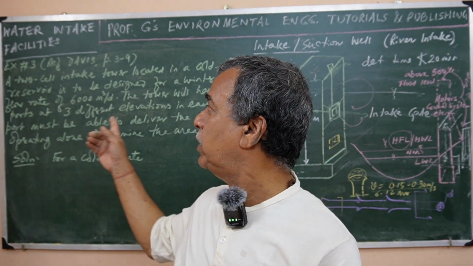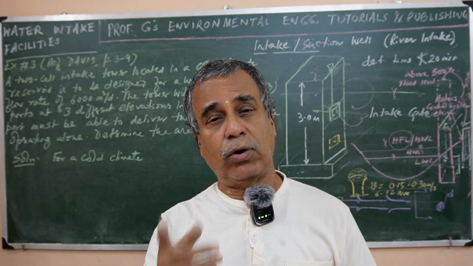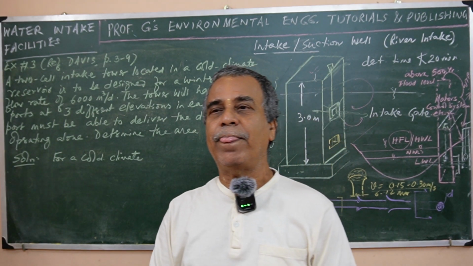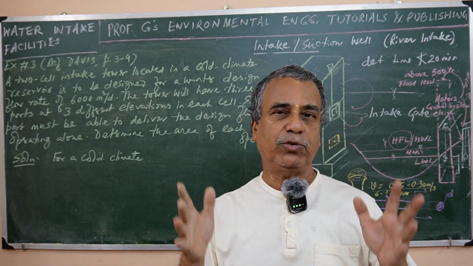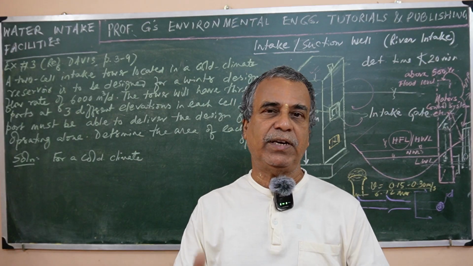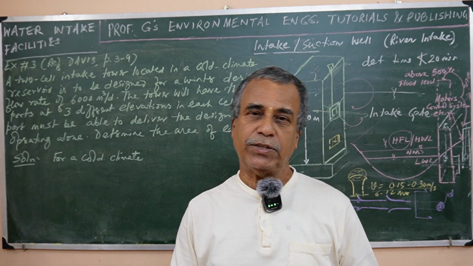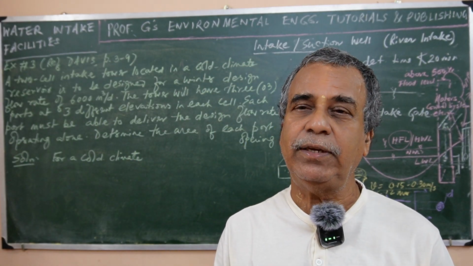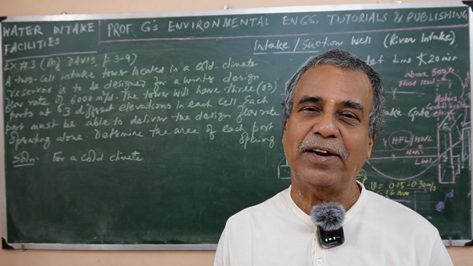That is why there are two cells here. But remember, I have already told you that with two cells the cost involvement is much more, because two similar identical towers have to be constructed, along with the construction cost, which I have already discussed earlier.